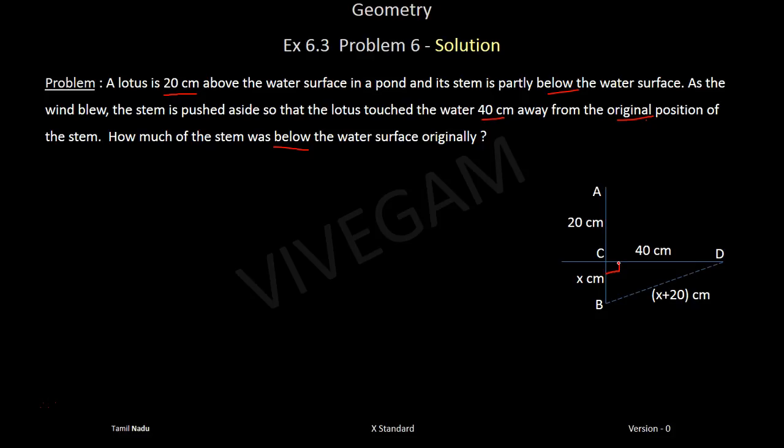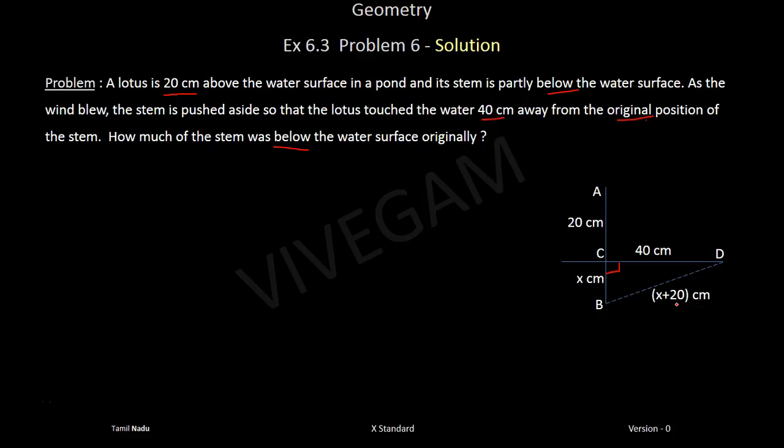Applying Pythagoras theorem, BC square plus CD square equals BD square. So (x plus 20) whole square equals x square plus 40 square. You have an equation in x. You should be able to solve it and get the value of x. That's how this problem needs to be worked out.